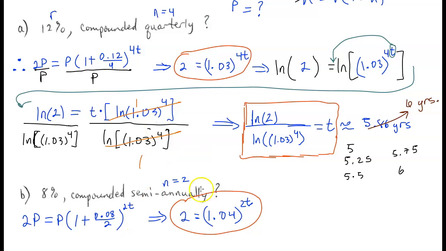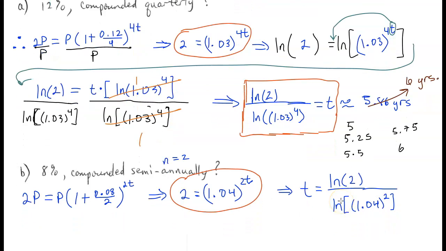So if I went through the whole thing of working through this problem again, what I'm going to see is that t is just going to be natural log of 2 divided by natural log of, in this case, 1.04 raised to the 2. Okay, it's going to be the same exact thing.